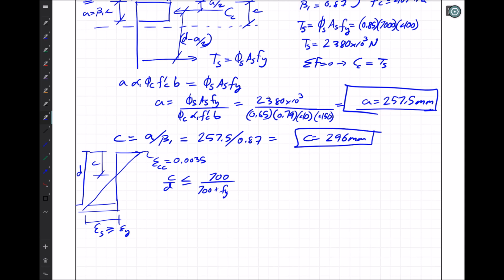That's all through similar triangles and converting strains into stresses. So 296 divided by 706.3, which is equal to 0.42, has to be less than or equal to 700 divided by 700 plus 400, which is equal to 0.64. So we are okay, this is under reinforced.